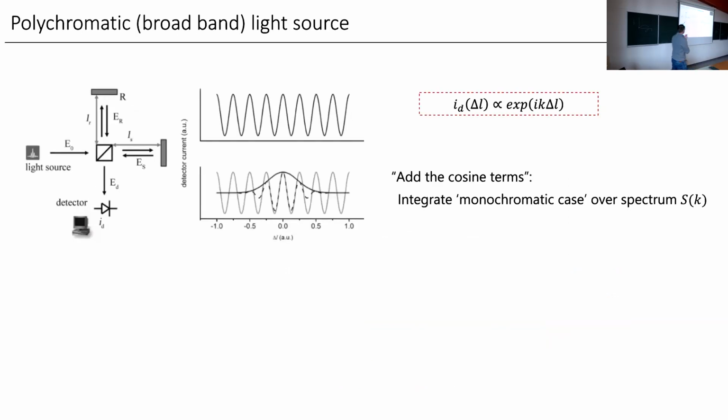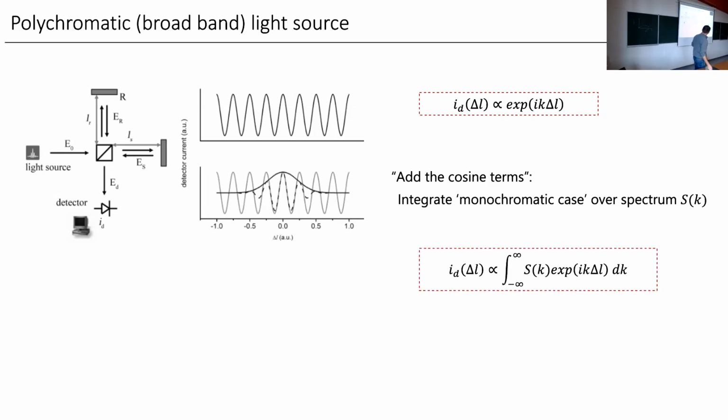For the polychromatic case, the broadband case, we were simply allowed to add all these cosine terms. Which means that if you have a lot of wavelengths, we have a spectrum, then adding all these cosine terms basically means integrating over the source.